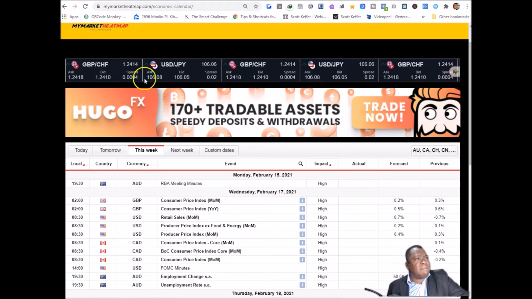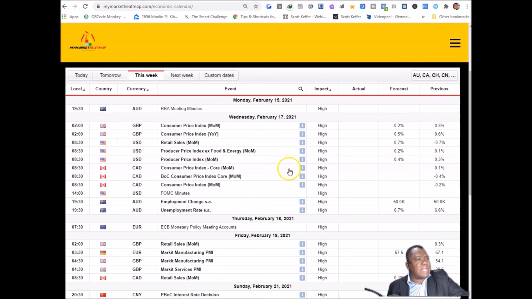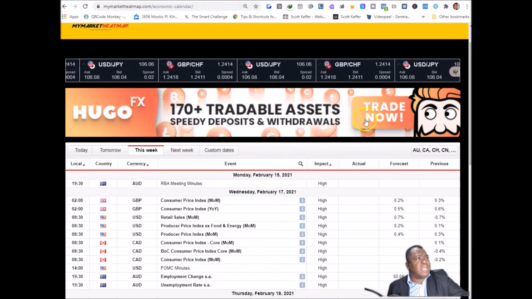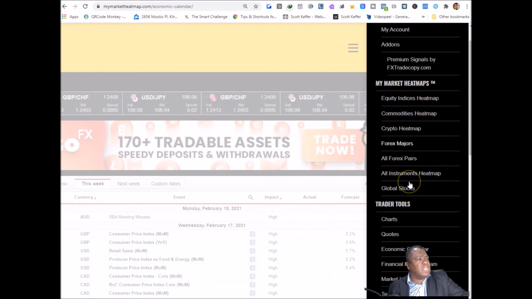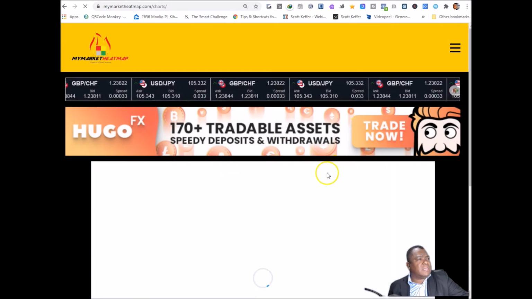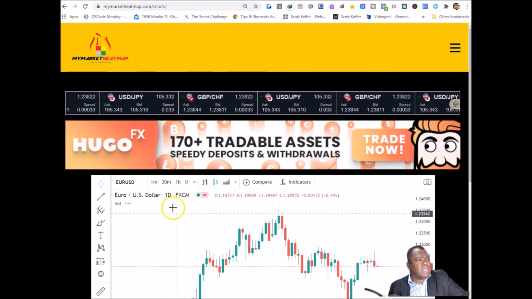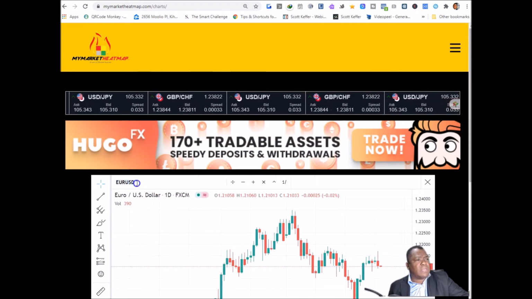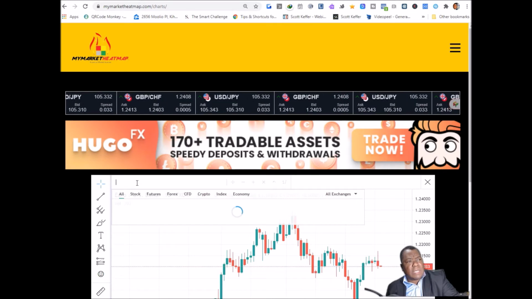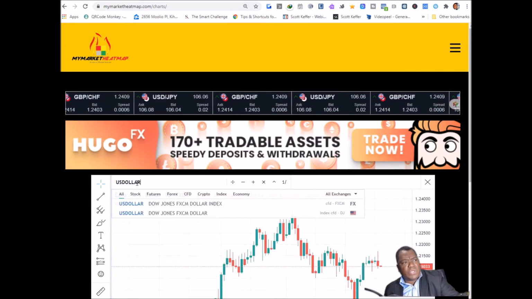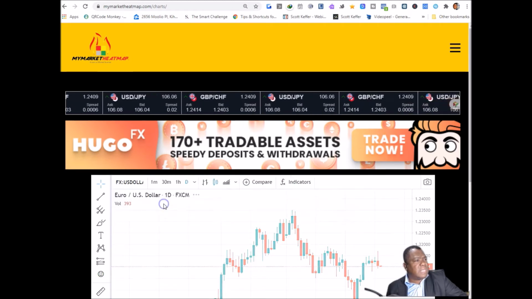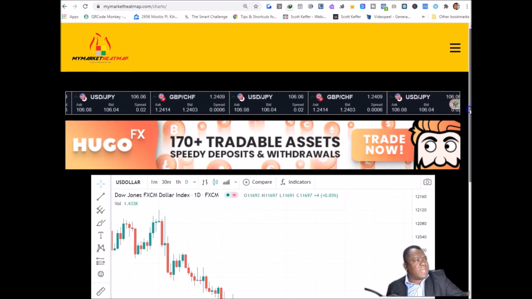My market heat map is very helpful for that. We can look at the charts, so we're going to go to our tools here, and we're going to go to the US dollar index in charts. We can look at the euro, but I want to look at the US dollar index, which is the Dow Jones FXCM US dollar index.